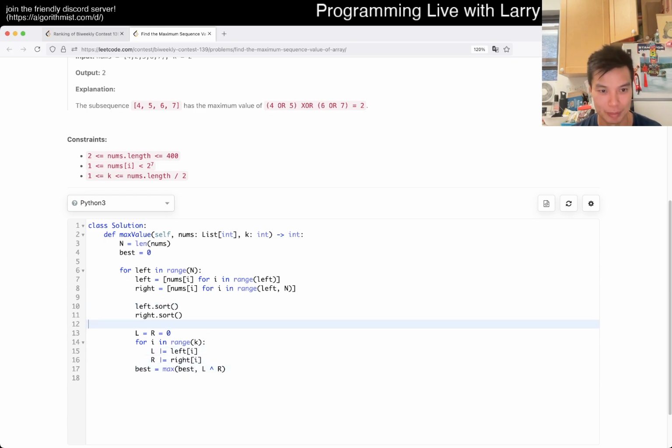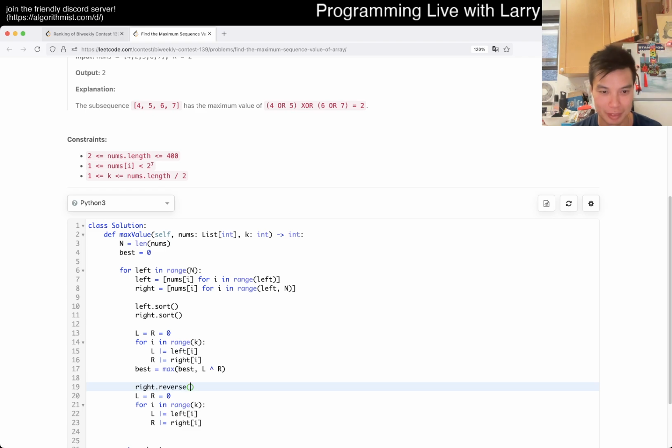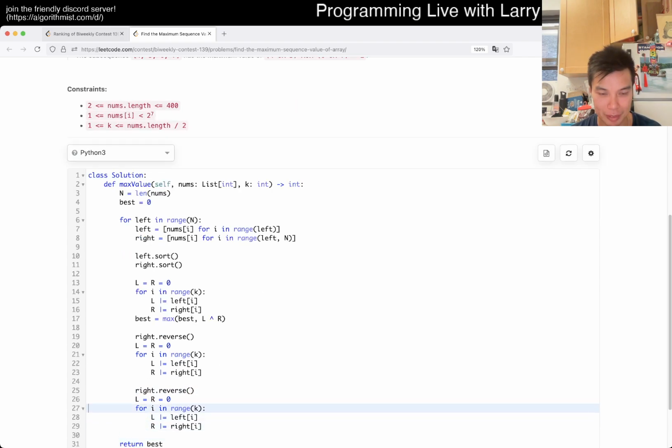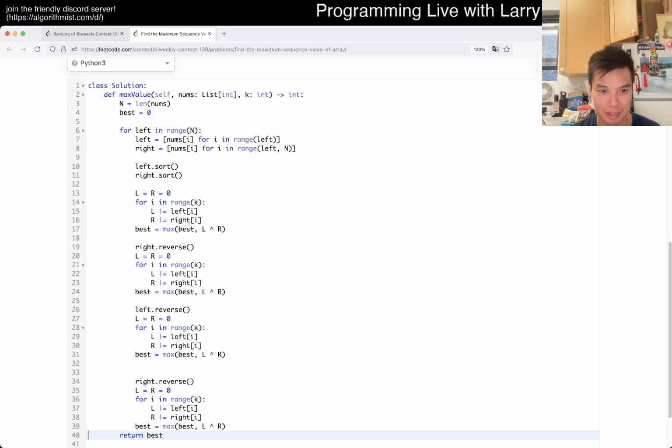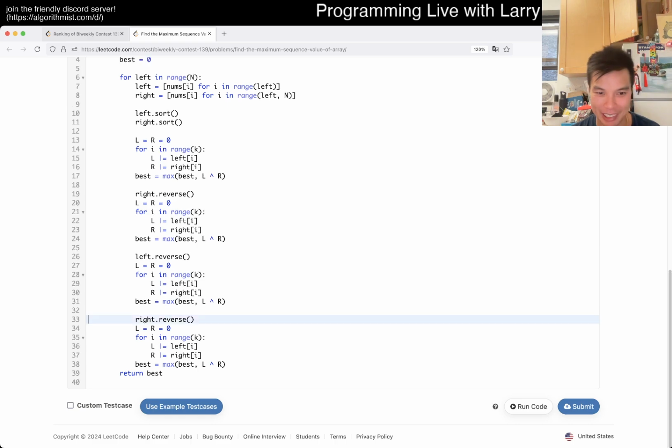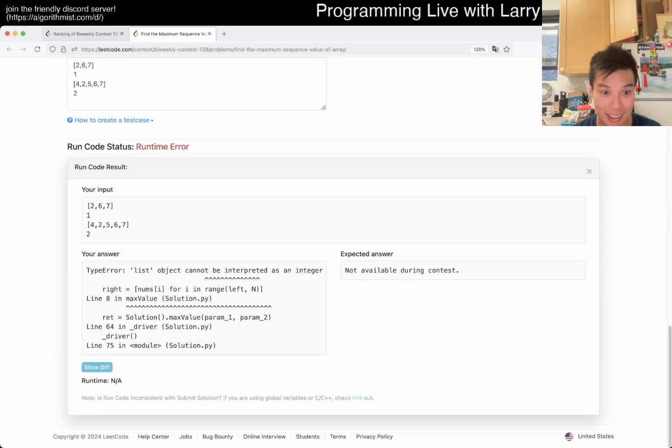It'll probably work with the inputs, but I really don't know how to do this. This cannot.